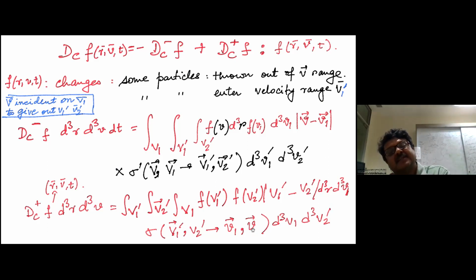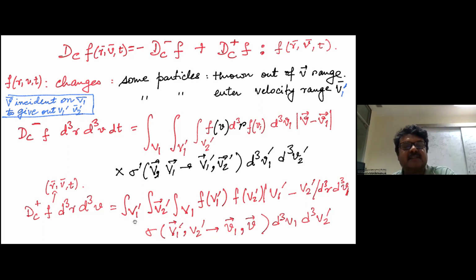We are interested in how f(r, v, t) is changing, and all possible combinations of v1 dash and v2 dash. So there's an integration over v1 dash and v2 dash, and also it could result, depending upon the scattering cross section, in different values of v1, as long as they contribute to change velocity v.